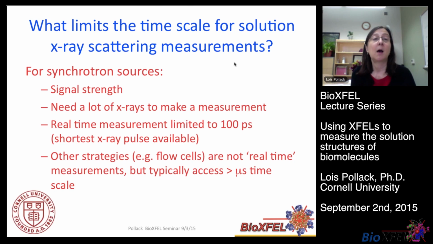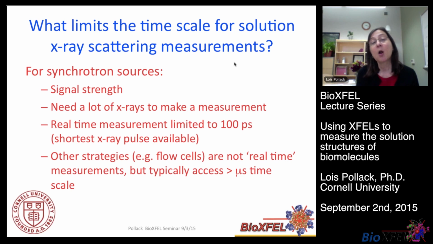The limit on those kinds of real-time measurements at traditional synchrotron sources is the pulse length. The shortest X-ray pulse that's available is about 100 picoseconds. So if you're going to be making these snapshot measurements at a conventional source, you're limited to about 100 picoseconds. And that's not so easy to get to.